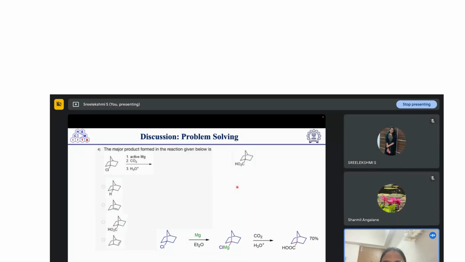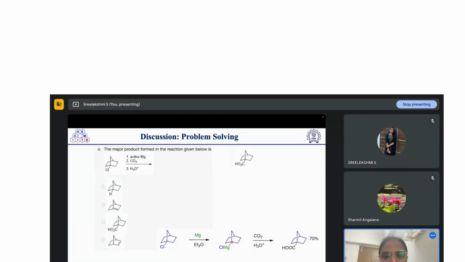And how is it happening? First, upon treatment with active magnesium, it will form the Grignard reagent, that is the organomagnesium reagent, and with carbon dioxide, which is O double bond C double bond O, we will get this carboxylic acid.